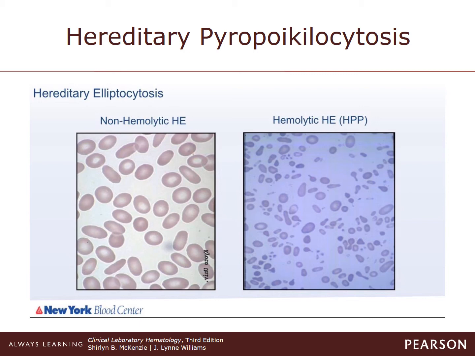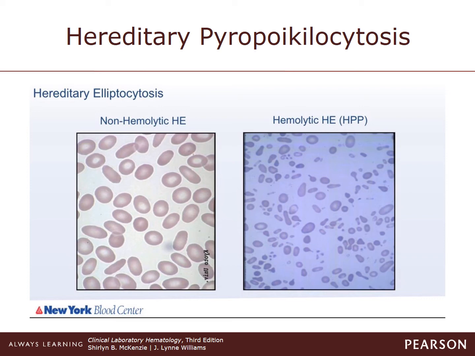In infancy or early childhood, the hemolysis is more severe, and you see extreme poikilocytosis. So with the thermal stability, you have normal cells that fragment at 49 to 50 degrees Celsius. In this condition, cells fragment at 45 degrees Celsius when incubated at 37 for greater than 6 hours.